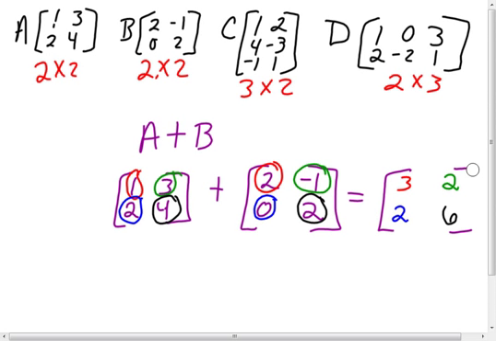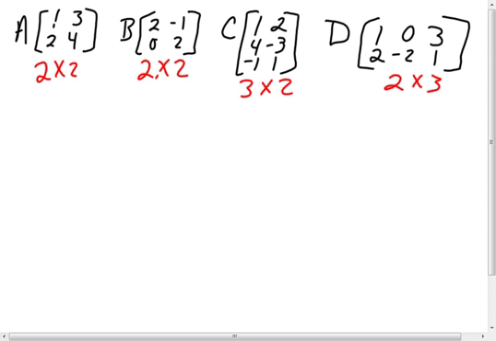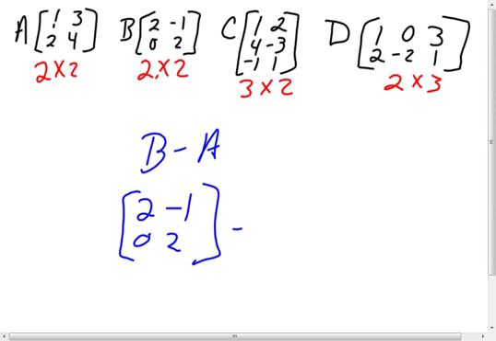Now let's look at subtraction. And let's change the order, so we will do B minus A. Once again, the matrices have to be the same size. And there are two different ways to do subtraction.